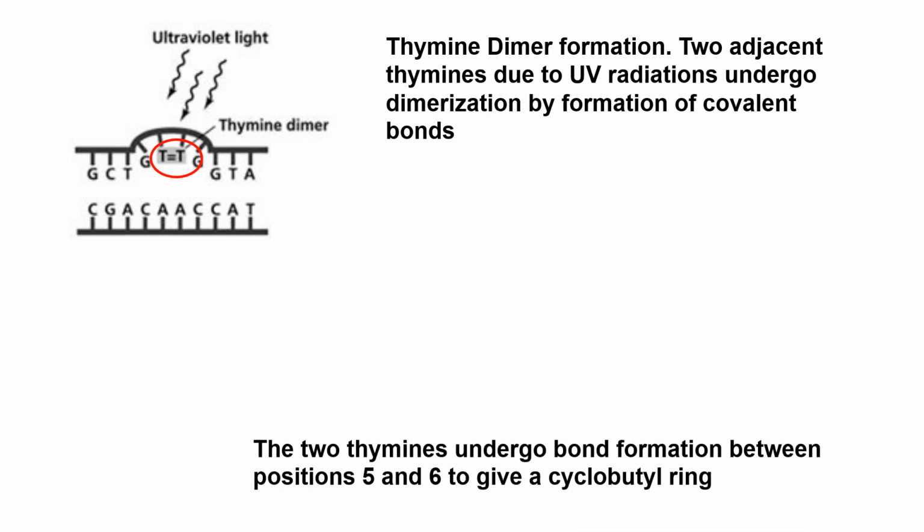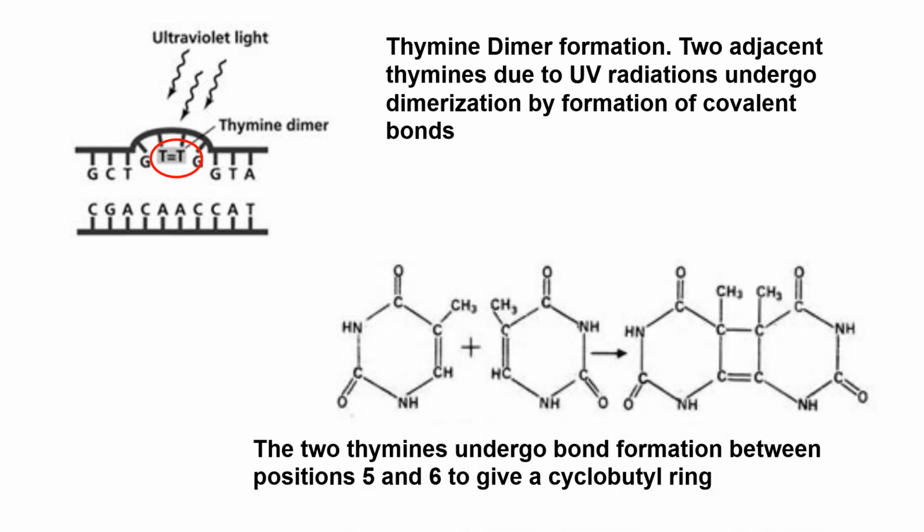The two thymines undergo bond formation between the fifth and the sixth positions to form what is called a cyclobutyl ring. The formation of the dimers causes a distortion in the DNA strand and prevents its replication and transcription and brings about the death of the cell unless the damage is repaired.